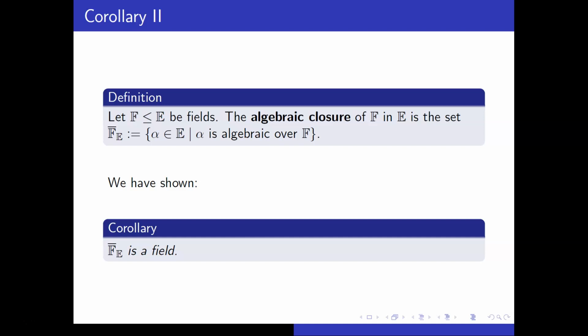In other words, if we take an algebraic closure, we get yet another field. This field is, in some sense, the largest algebraic field we can find that contains F that is a subfield of E.